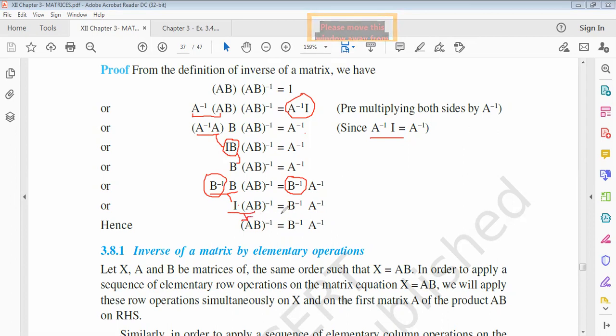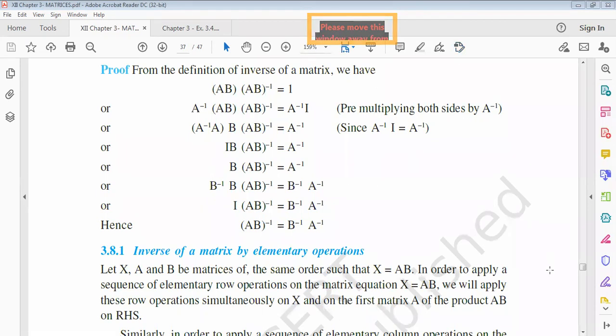So (AB) inverse, and finally it is B inverse A inverse. So (AB) inverse, where A and B are square matrices of the same order, is equal to B inverse A inverse. By this theorem, we have proved the result of the right hand side and left hand side.